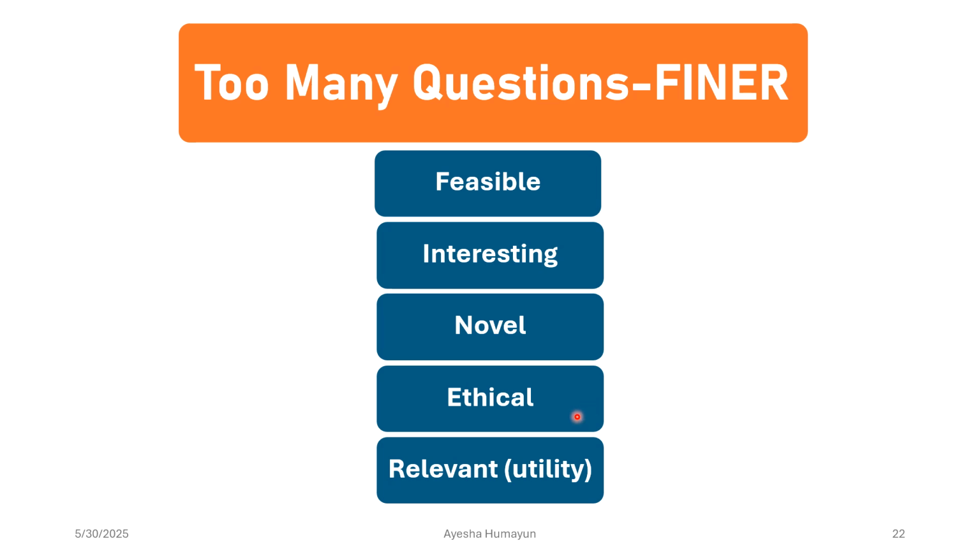In the ethical criterion, if there is a major ethical issue, you will give fewer marks to that question. With minor ethical issues, that question is more feasible because it's ethically sound, and there's no cultural or ethical stigma associated with it. Then relevant to community needs, relevant to the field, relevant to the requirement of the researcher.